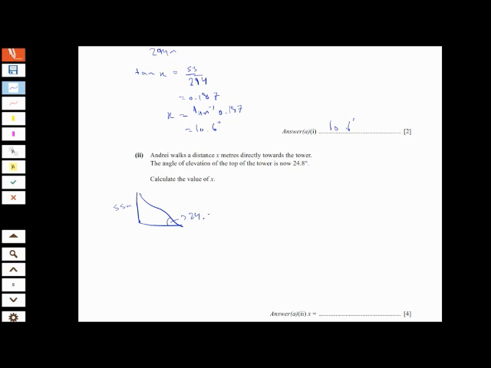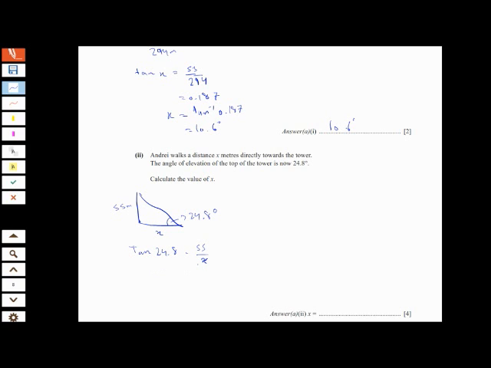And now they want to find this x. So how to do that? Basically use tan again. Tan 24.8 equals opposite over adjacent, which is x, and then work it out.